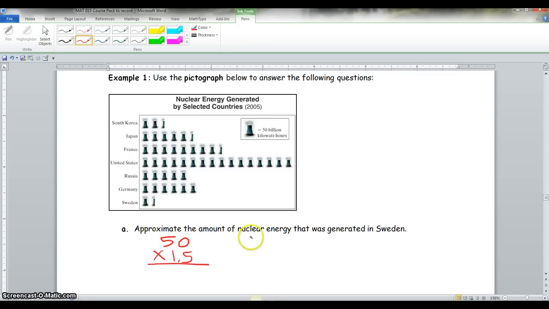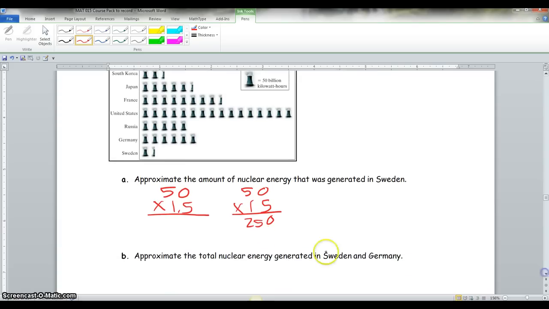And we will rewrite this as 50 times 15. 5 times 0 is 0. 5 times 5 is 25. We add a 0 here. 1 times 0 is 0. And 1 times 5 is 5. So we add them together. We have 0, 5, and 7. Now we add one digit behind the decimal.